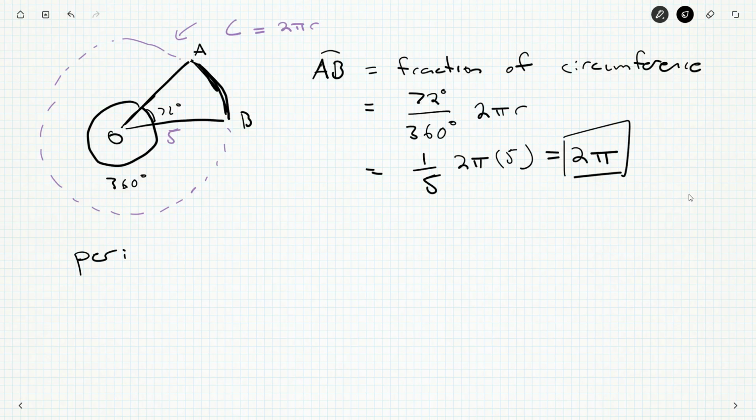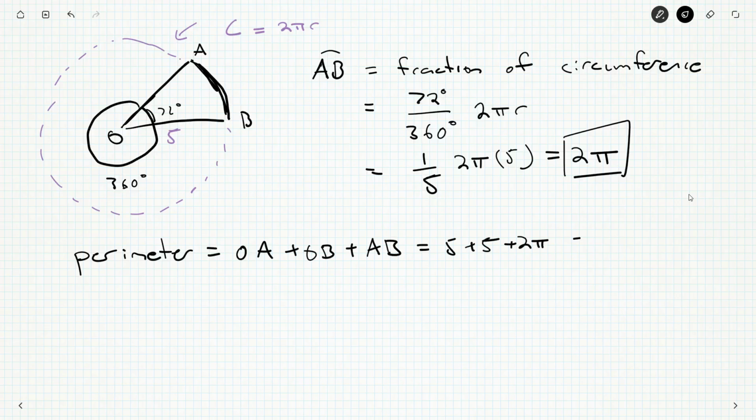And now we can answer the question they asked, the perimeter. It is OA plus OB plus that arc length AB. So that's going to be 5 plus 5 plus 2 pi. Final answer here, 10 plus 2 pi.